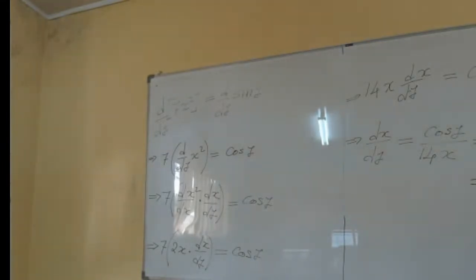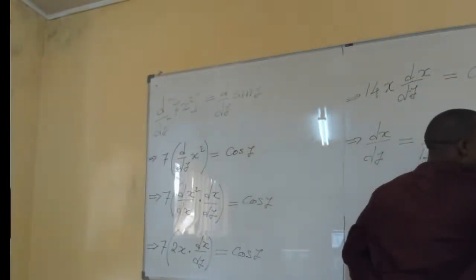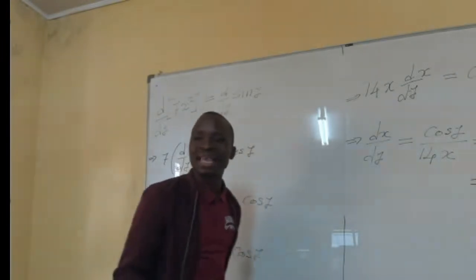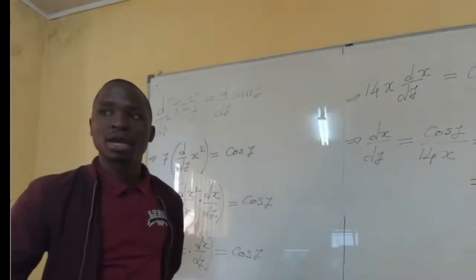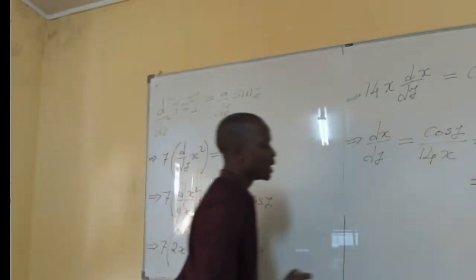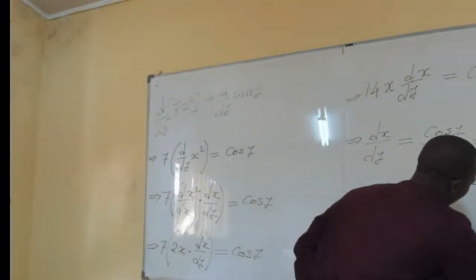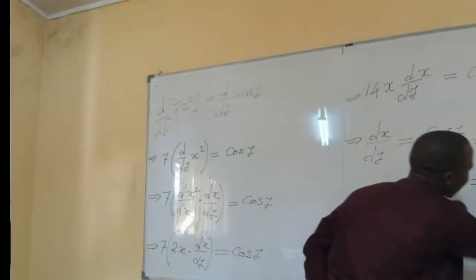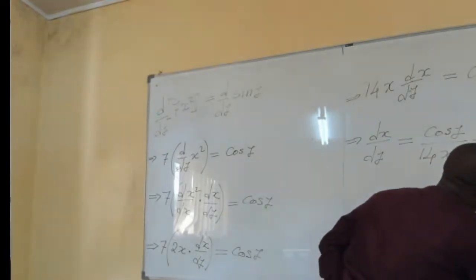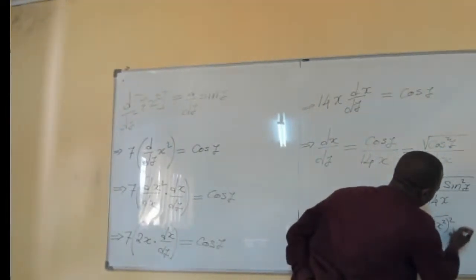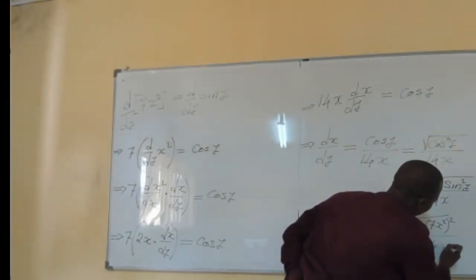But when we started, what is sine of y? Go back to when I just started: sine of y is equal to 7x². So this is equal to the square root of 1 minus, where we have sine squared of y, we put 7x², everything squared, over 14x.